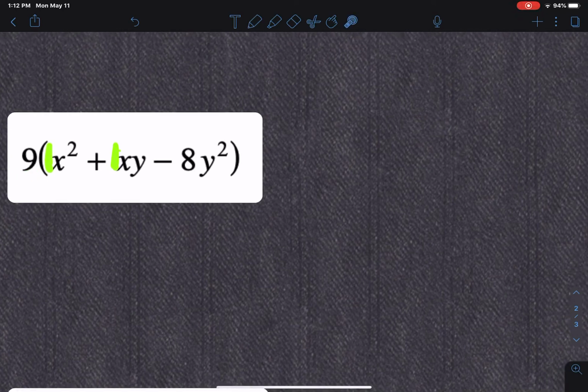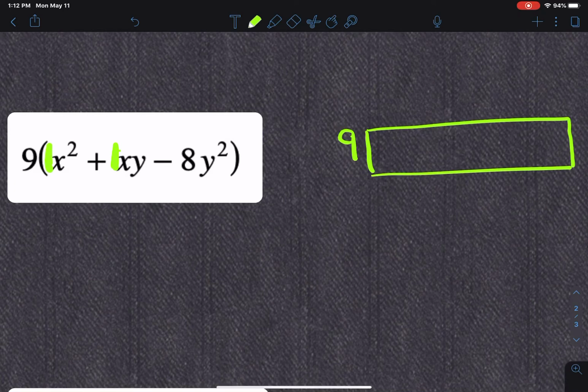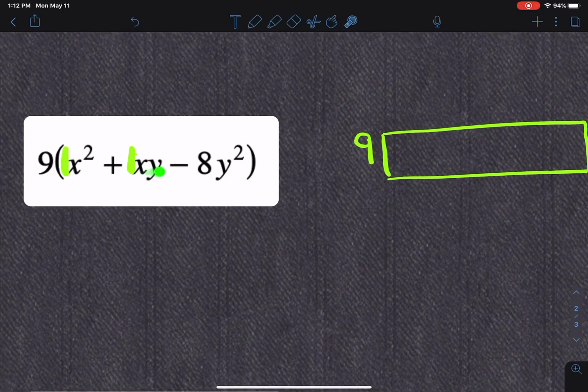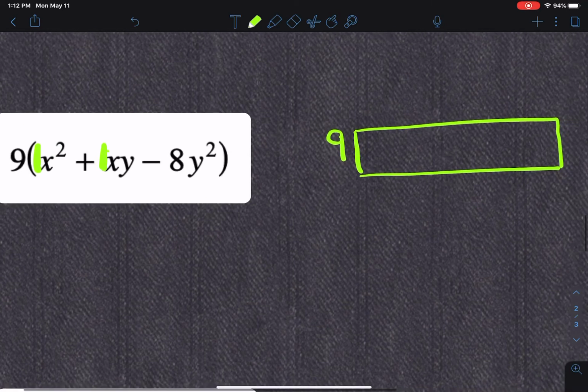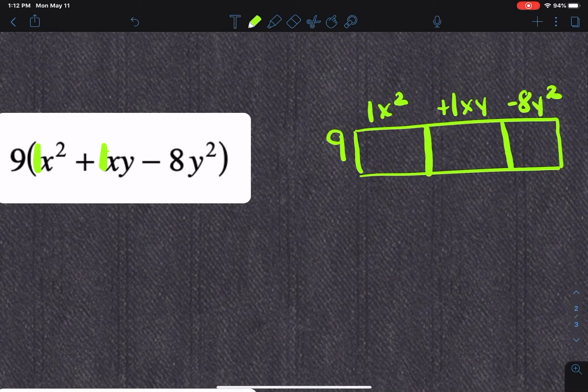This 9 is going to go in front of the box. Then I'm going to take all 3 of these and put them across the top, giving each term its own column. So 1x squared gets its own column, positive 1xy gets its own column, and negative 8y squared gets its own column.